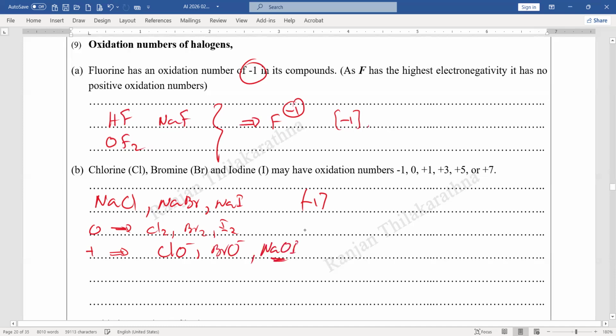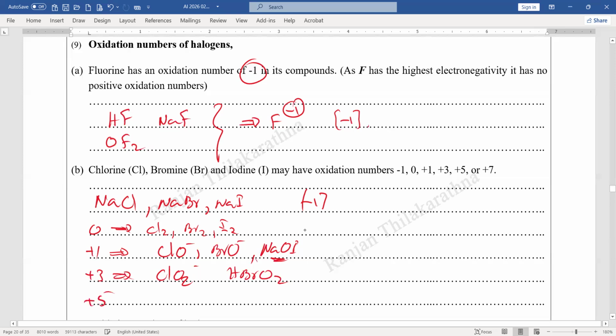This is unstable, but here you can just write it down. +3 is ClO2-, HBrO2, like that.